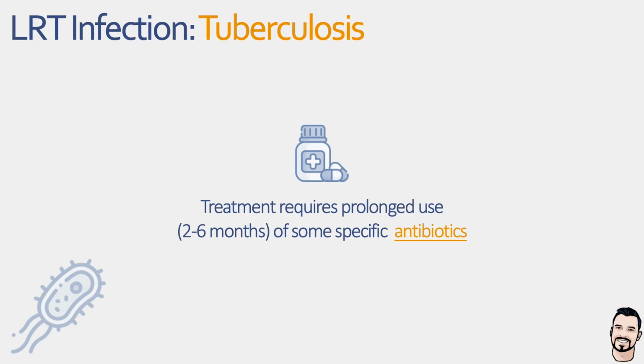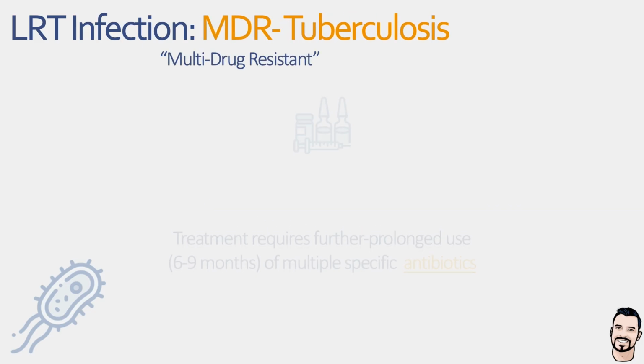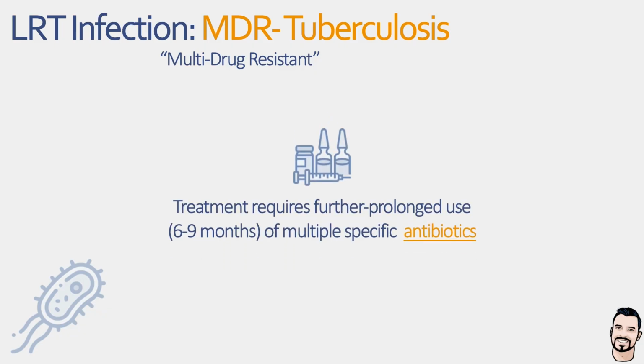Now, we typically use specialized antibiotics for treatment such as isoniazid, which specifically inhibits the mycolic acid synthesis, stopping the formation of the mycobacterial cell wall, as well as some more common antibiotics such as rifampicin to stop DNA-dependent RNA polymerase.